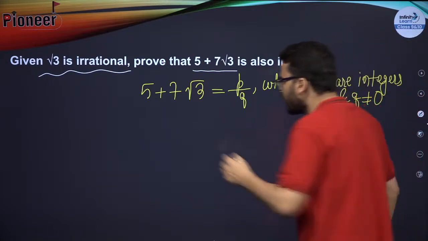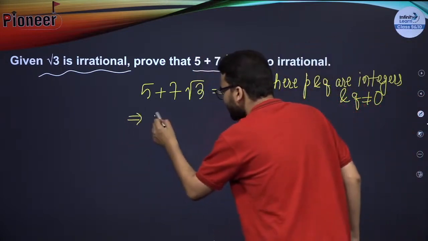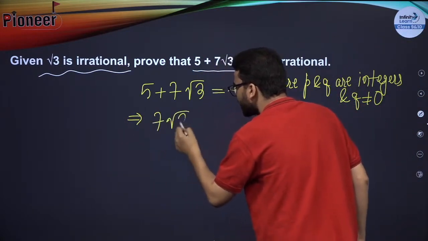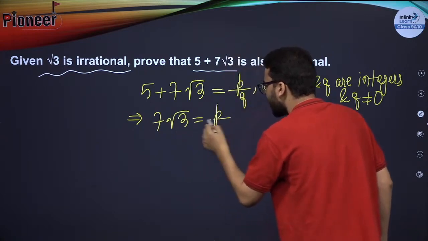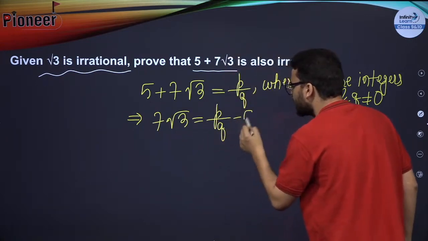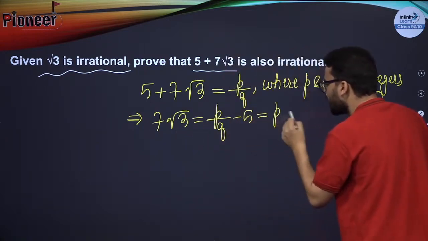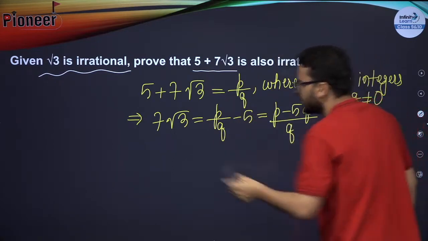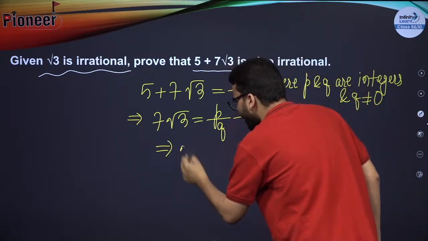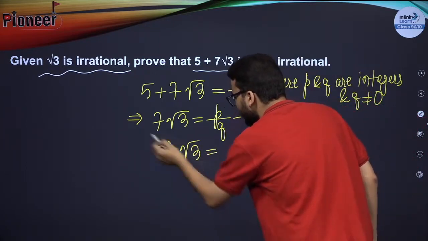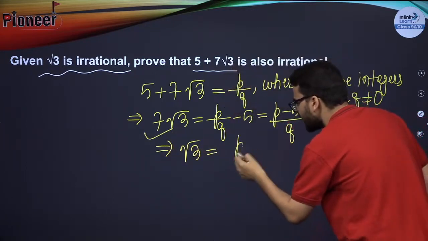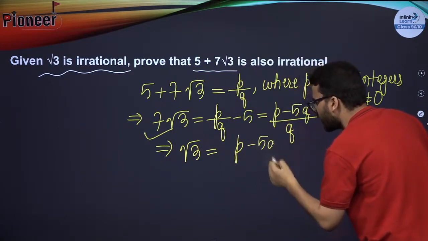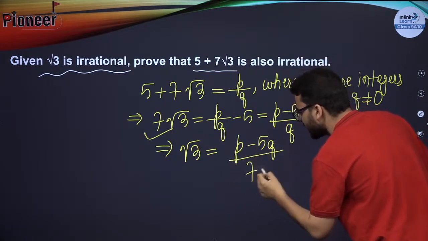So what we will do over here, can I separate out root 3 on one side of this equation? So I can write P minus 5Q upon Q over here. Then I can take 7 in division on the other side. So P minus 5Q upon 7Q is there.